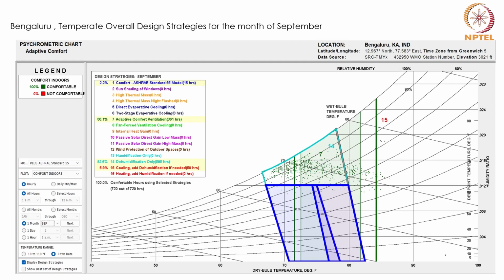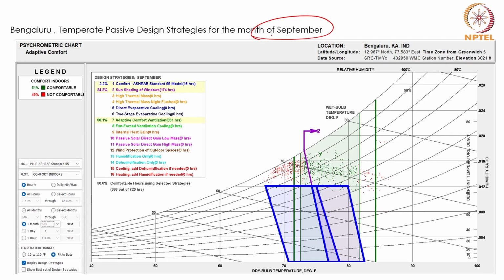Now let us see what happens for the September solstice period. Left to itself, 16 hours are comfortable, and you can see the red dots not being inside the comfort zone.